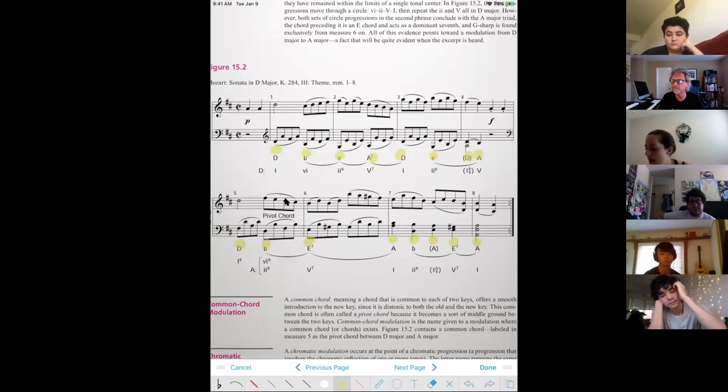So if I was in the key of D, and I stayed in the key of D, and I momentarily put an E7 in the midst of that chord progression, but that was the only time I did it, I just stuck it in there once, then I would call that a secondary dominant. And I would say that E7 is the 5 of A, and A in the key of D that I'm in is a 5. So it's a 5, 7, a 5.